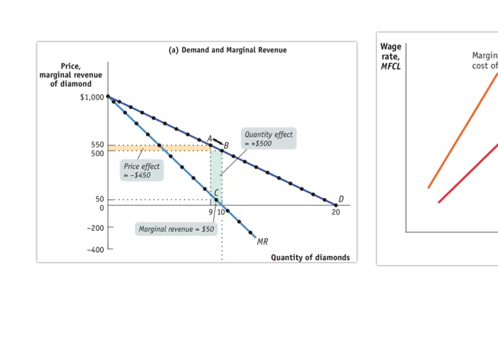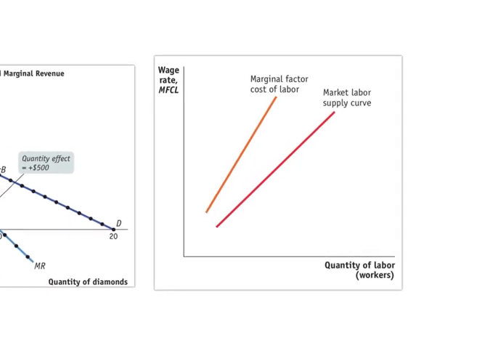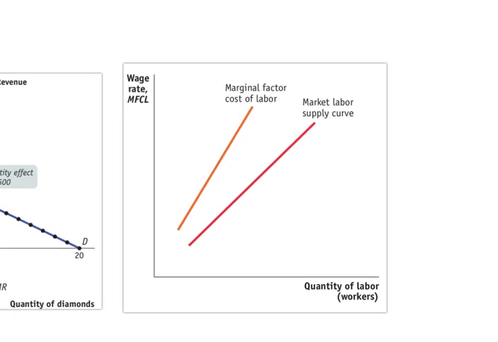The same thing happens for a monopsonist. Their problem is that if they want to hire another human being, since they're the only firm that's hiring people, they've already hired everybody that they can hire at $15 an hour. If they want to hire one more person, they're going to have to pay more than $15 an hour. And they don't get to just pay it to the extra person.